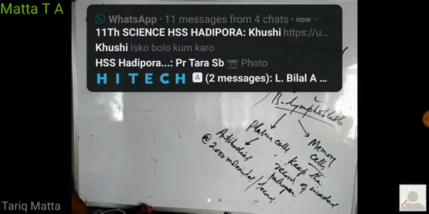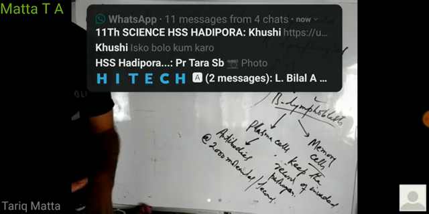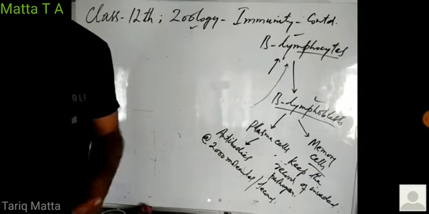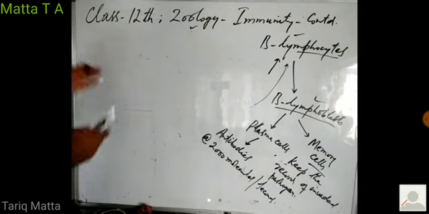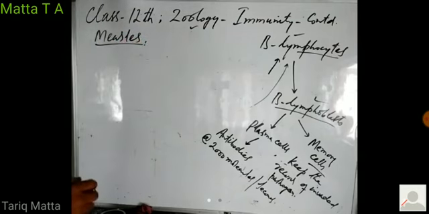I told you a day before that there are some diseases for which we get lifelong immunity. For example, measles. There is a viral disease known as measles, which in Urdu is known as khasra, and in Kashmiri as holage.